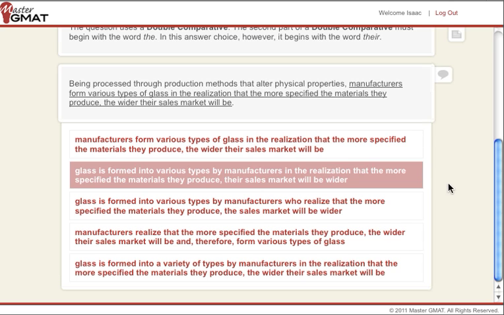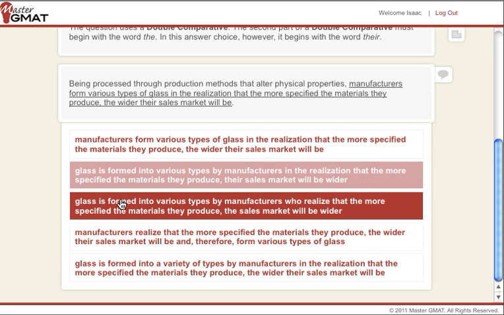So back to this. Let's look at the third one. In the third one, it says glass is formed into various, etc., etc. So we see that glass, again, is correctly modified by being processed. However, we do have a little bit of a mistake here. Take a look. Still, the sales market will be wider. We do have a double comparative, but the second part of the double comparative must begin with the word the.